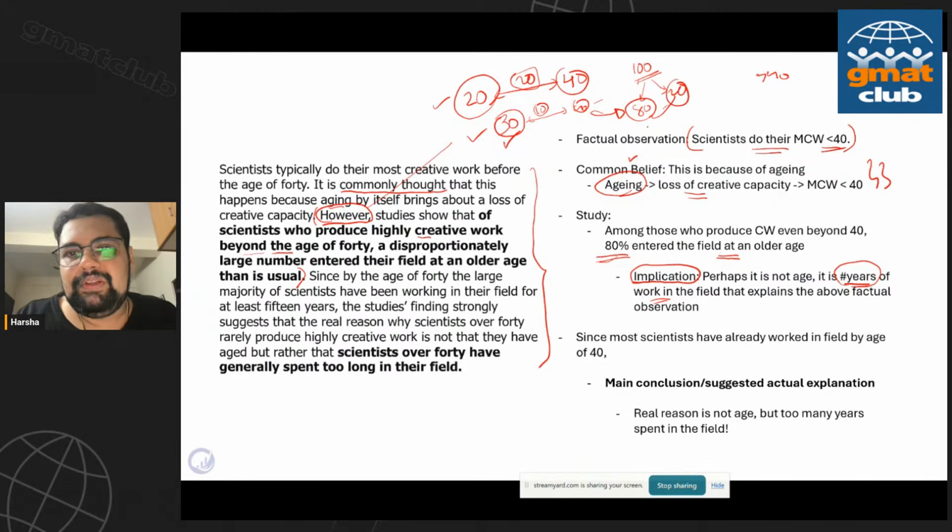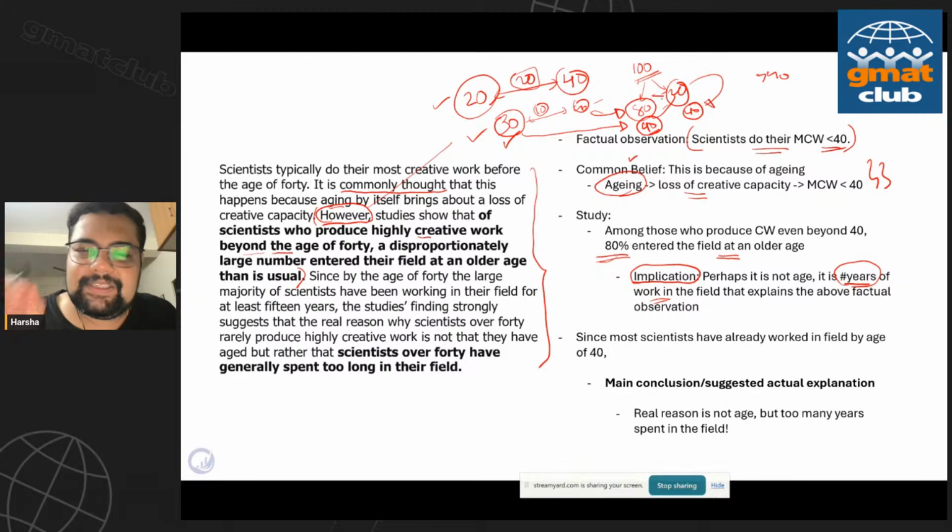Both groups are 40 years old, right? So why is it that one group of people who joined late are still very creative, whereas people who joined early in their fields, once they touch 40, are not able to be creative? Both of them are 40-year-olds.